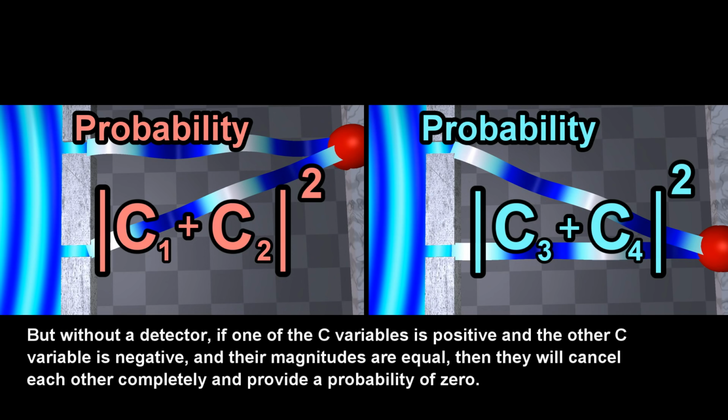But without a detector, if one of the c variables is positive and the other c variable is negative and their magnitudes are equal, then they will cancel each other out completely and provide a probability of 0.